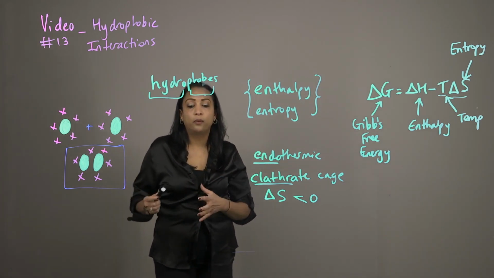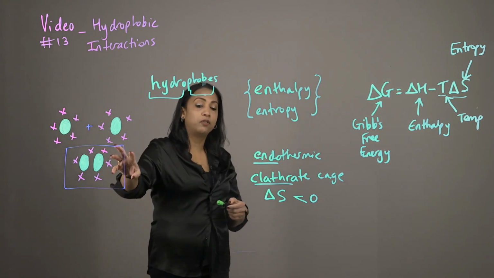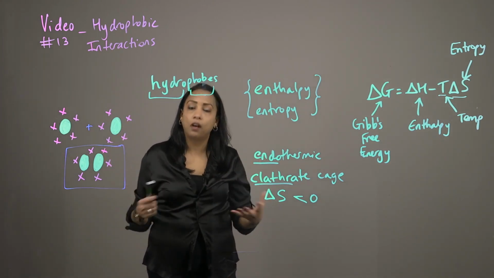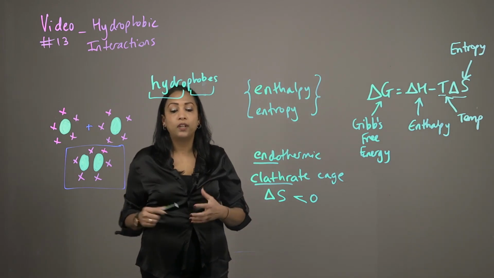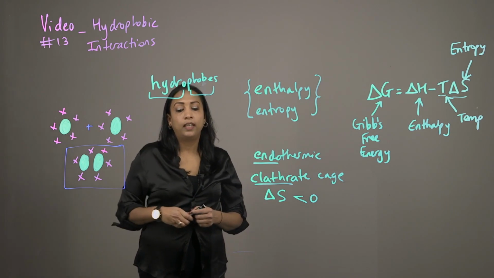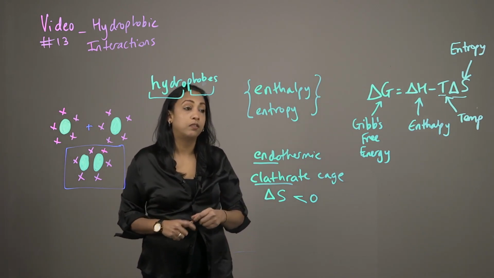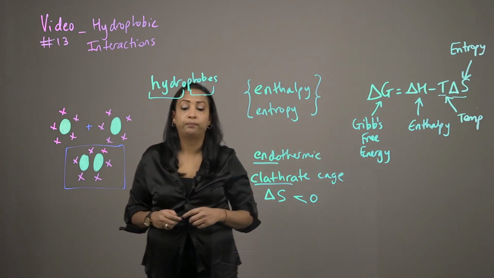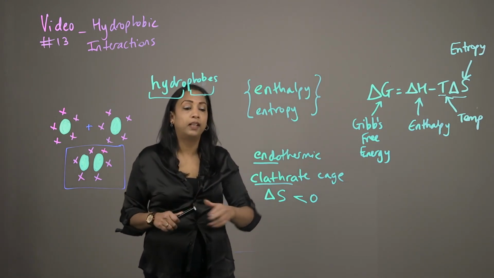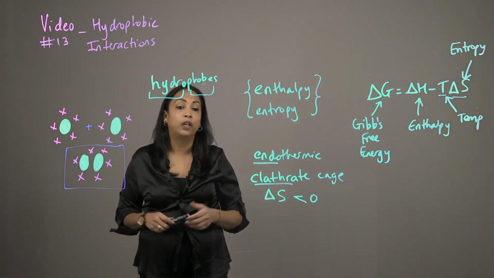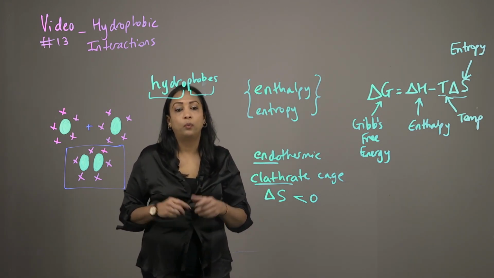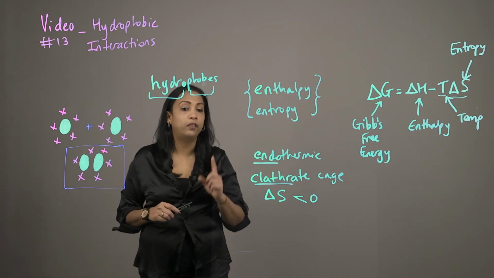Now, the hydrophobic interactions between hydrophobes turn out to be spontaneous. So when hydrophobes come together and interact with each other, the enthalpy increases, so the delta H is positive, because some of the hydrogen bonds that form the clathrate cage will be broken. But tearing down a portion of the clathrate cage will cause the entropy to increase.